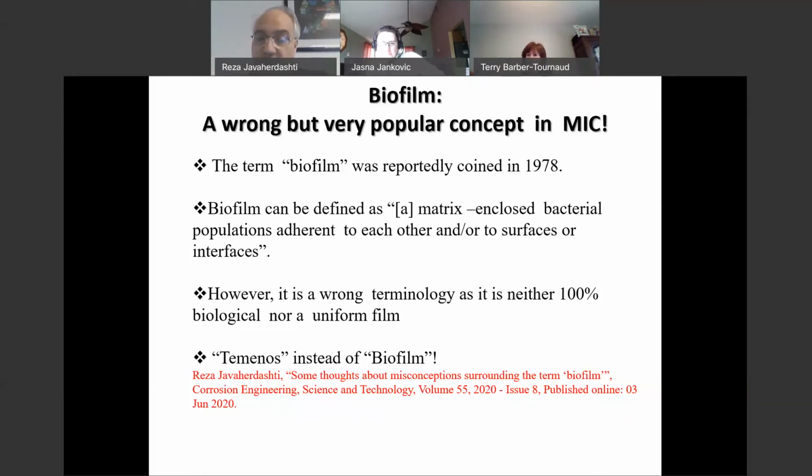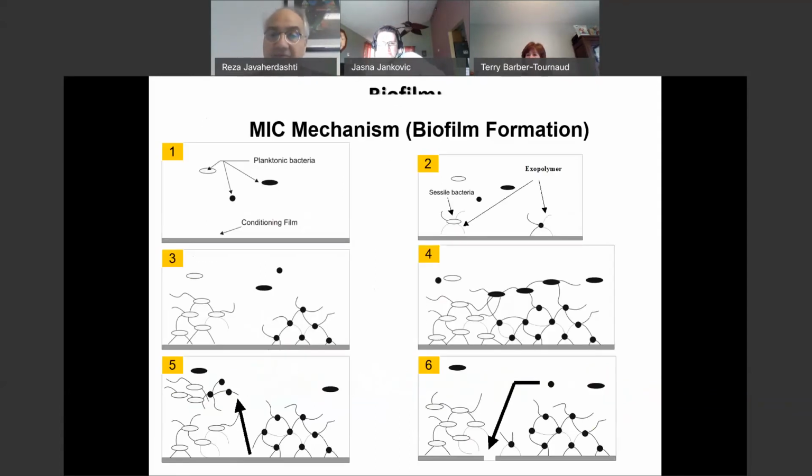All right. So temenos basically forms in 6 steps. In step 1, you have planktonic bacteria. When we say planktonic bacteria, we basically address bacteria that are swimming around in water. The same thing could happen with bacteria flying in the air.